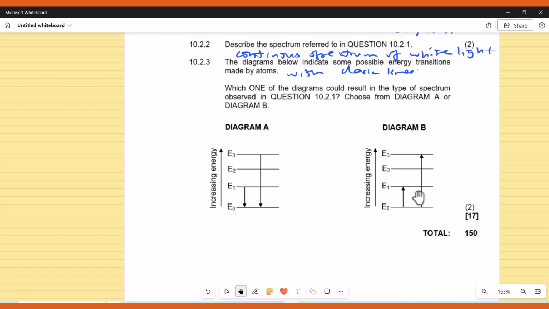In diagram B, we go from ground state to E1 and ground state to E3, so this must be the answer, where we are absorbing. The answer is diagram B, because if you get from ground state to E1 or to E3, it means you're absorbing energy. Energy is increasing, energy is being absorbed. That's why that energy left the dark lines.